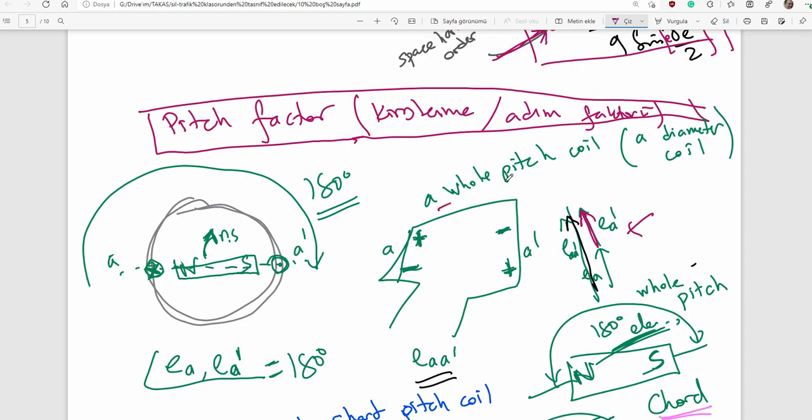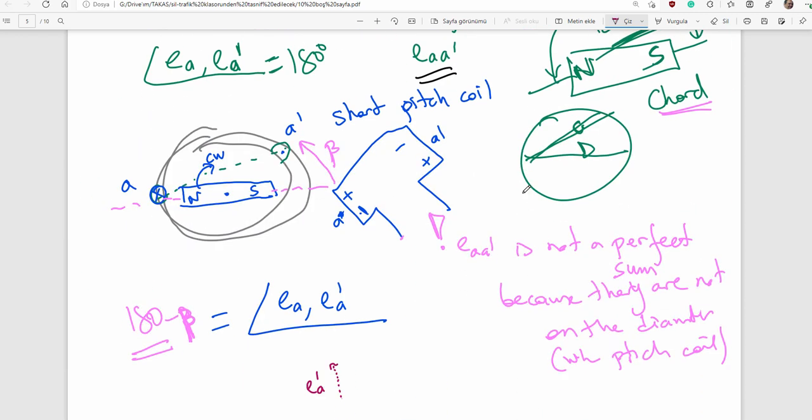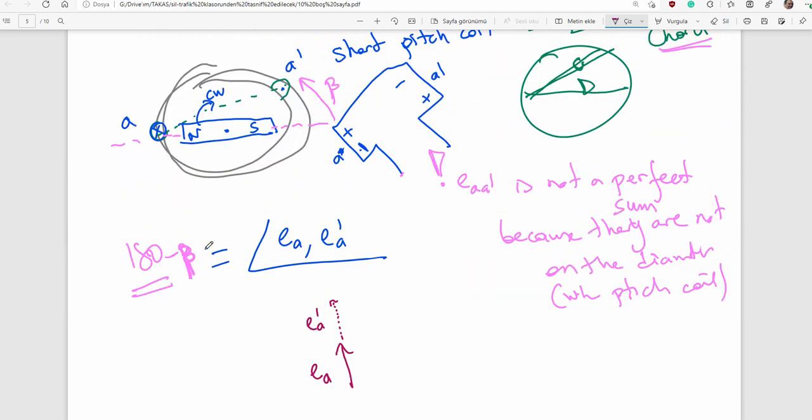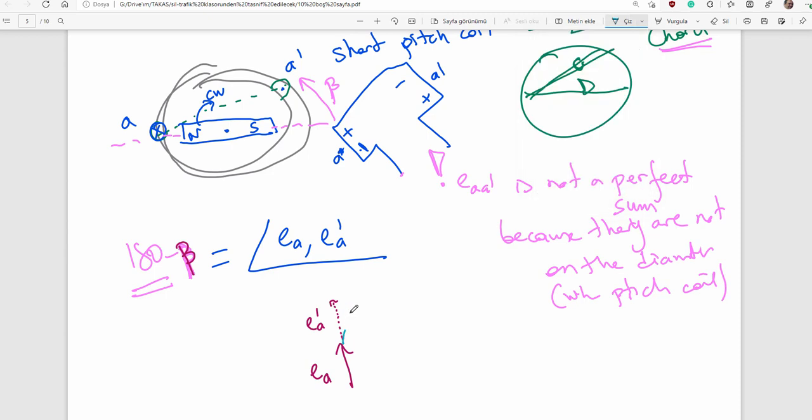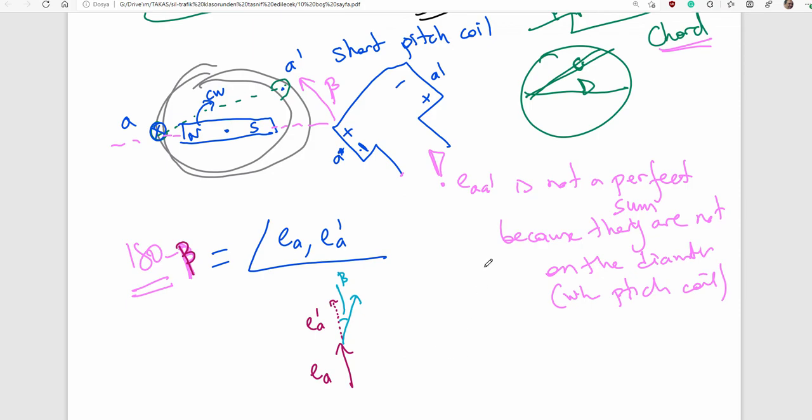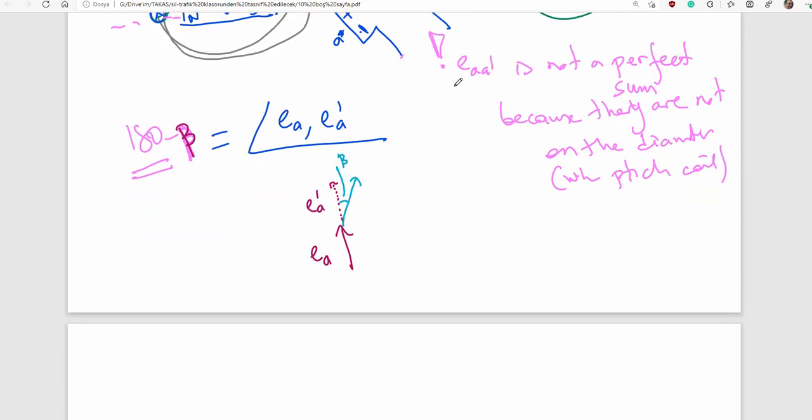If it is a whole pitch coil, but in short pitch coil, there is beta. So, gentlemen, the second side is a little bit displaced by beta. Okay, what is the summation?